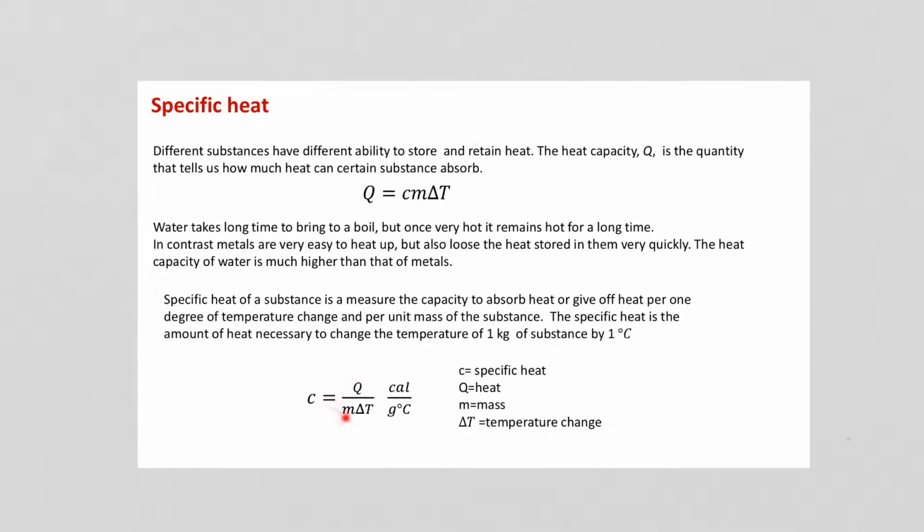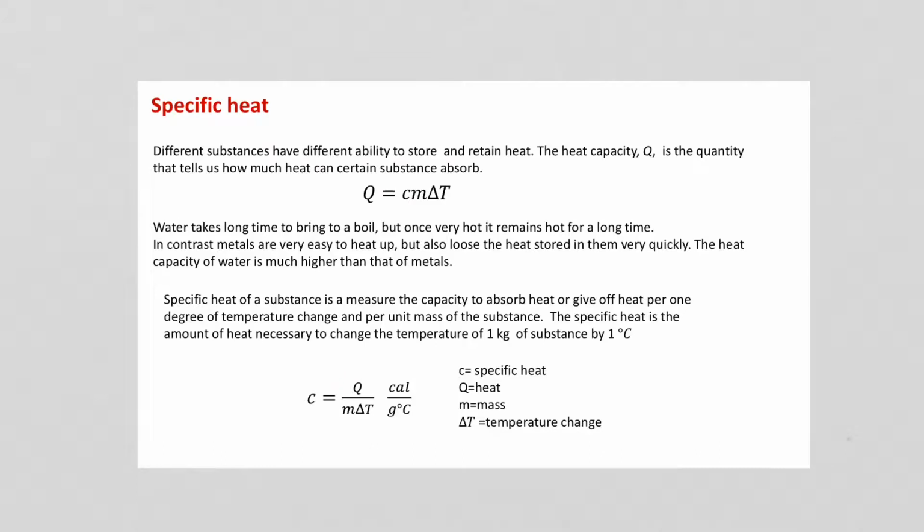So here now we have normalized the amount of heat necessary to change the temperature of a certain amount of mass of the substance. So now this will always be the same ratio, because if the mass goes up, the heat absorbed must go up. If the mass goes down, the heat absorbed must go down.